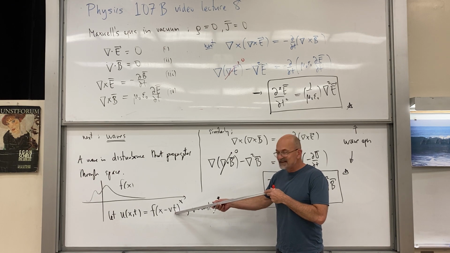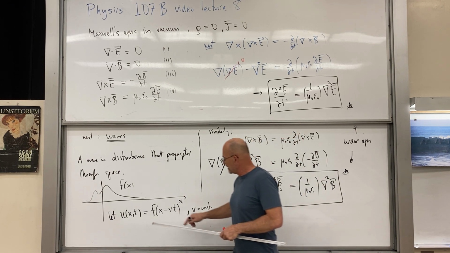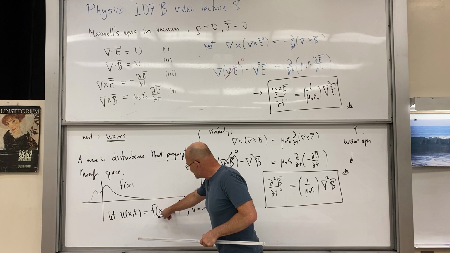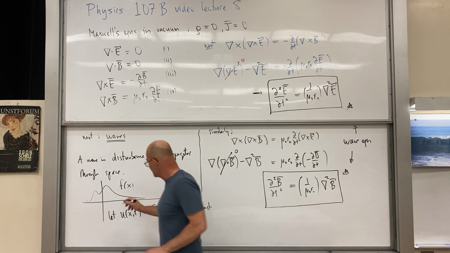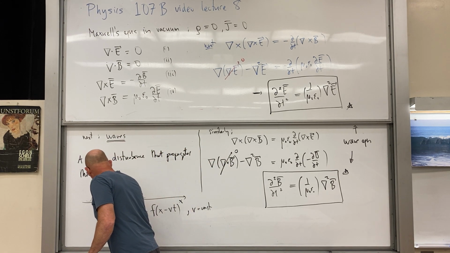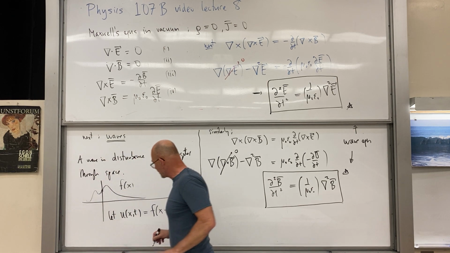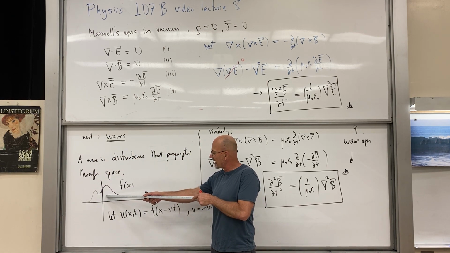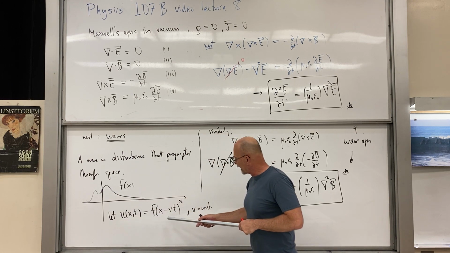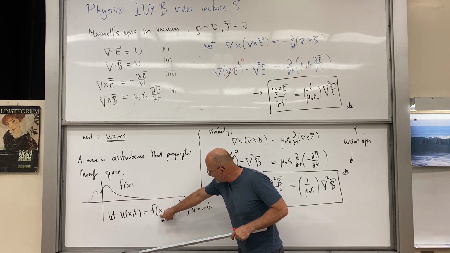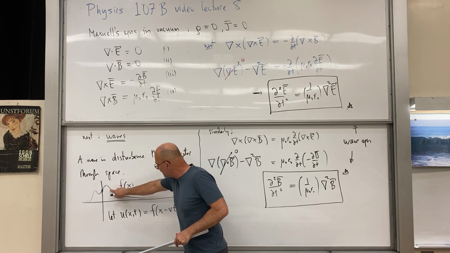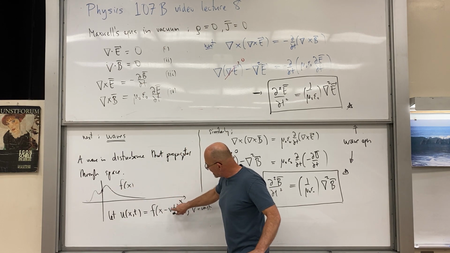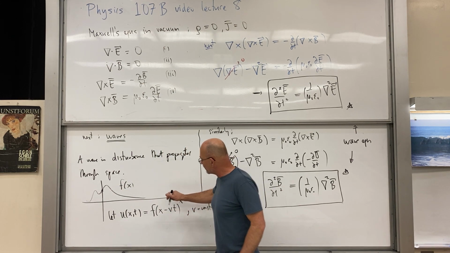If we just let t run, then x minus vt being 0 would refer to this point here. So that point there is f of 0. And if the argument is 0, then that point at some amount of time is going to be over here.